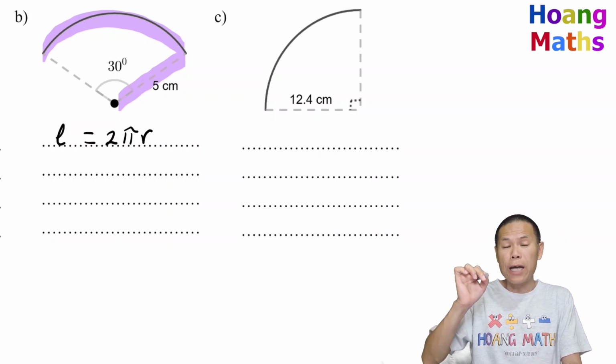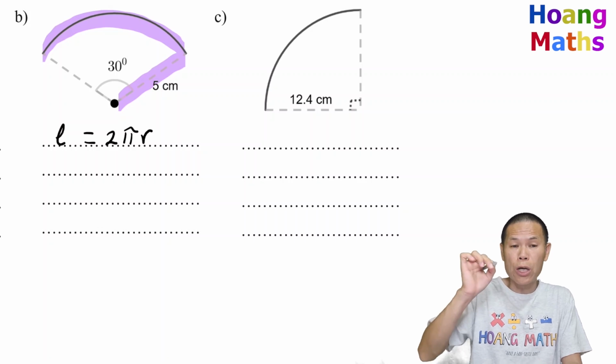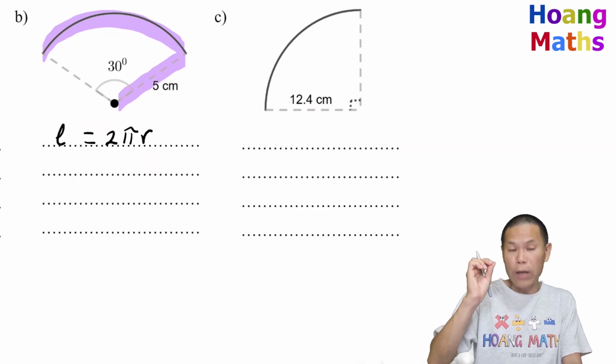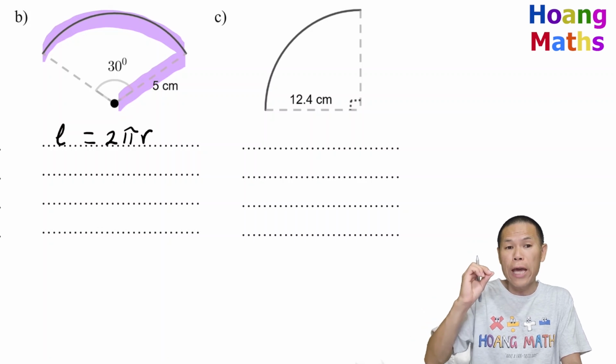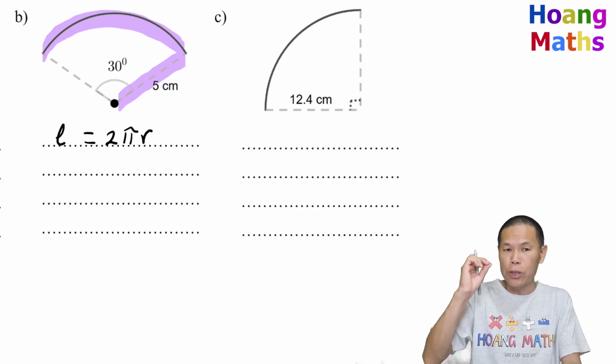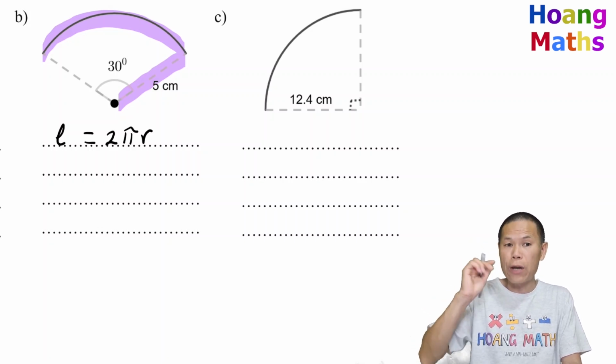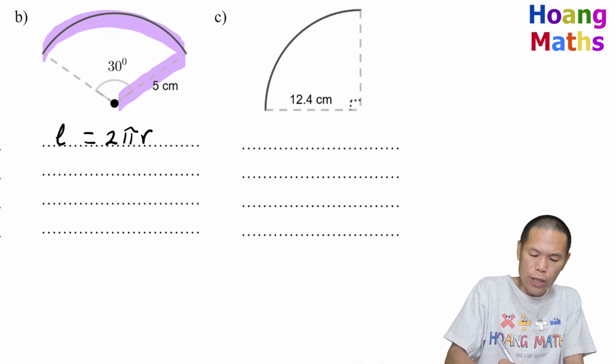That will give us the whole circle, and we only need one fraction of it, that is 30 degrees out of 360 degrees, because in a whole circle there are 360 degrees. So we only need 30 degrees out of 360.